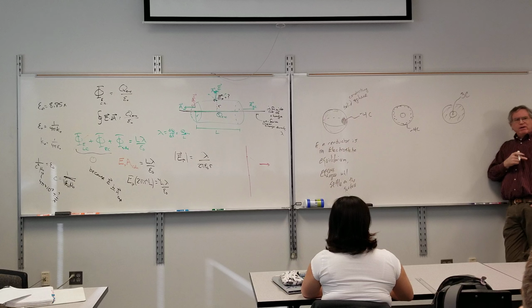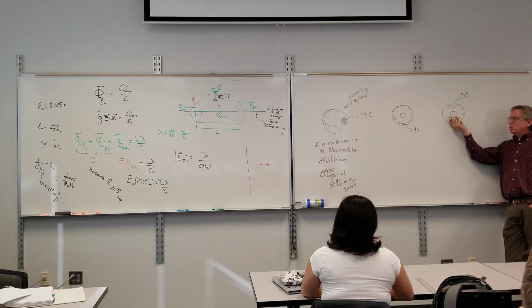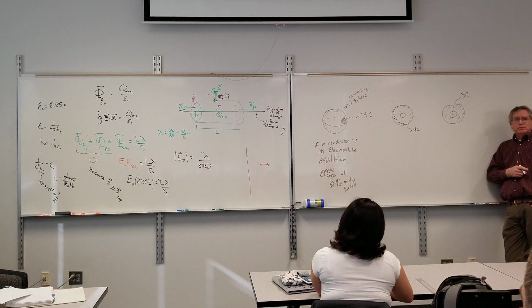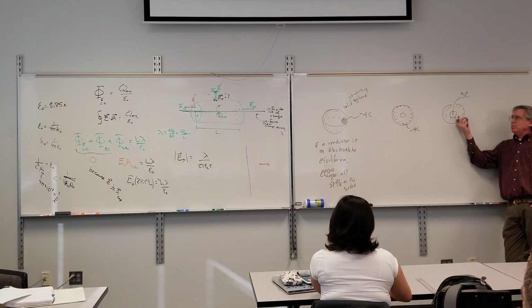So now I have something that's going to draw electrons in towards the middle. Question is, do they all get pulled in? They still hate each other, they still want to get away from each other. How much is going to be drawn towards it?